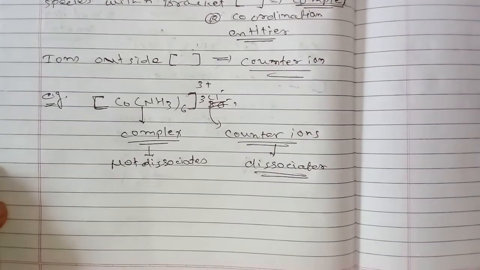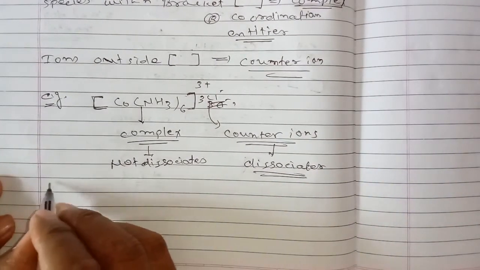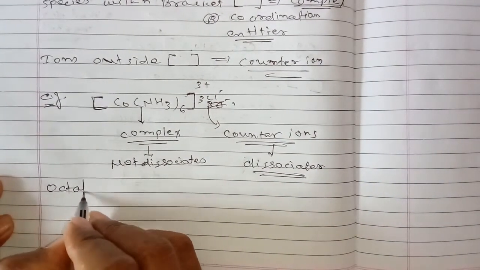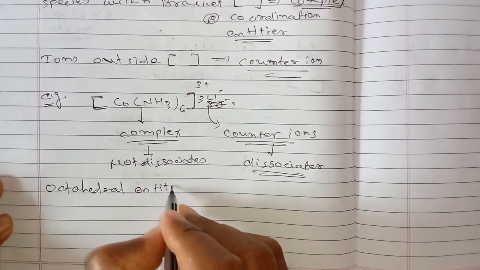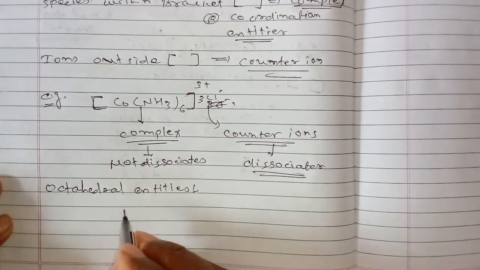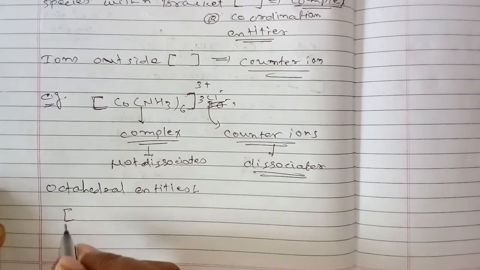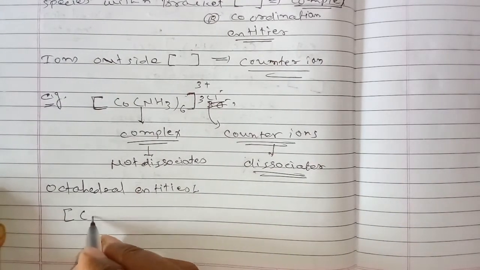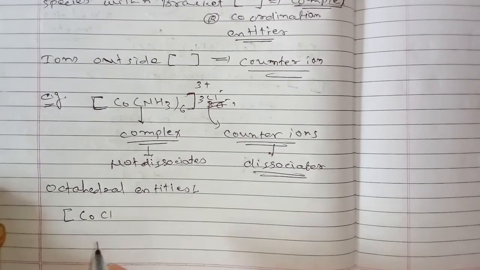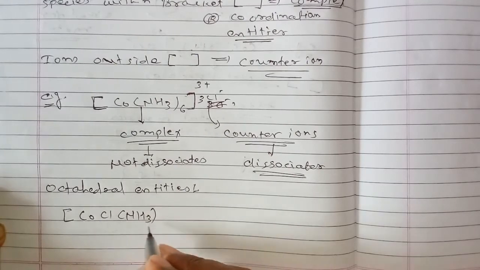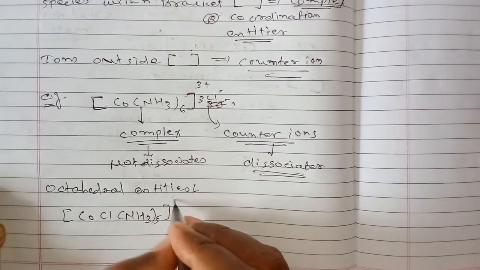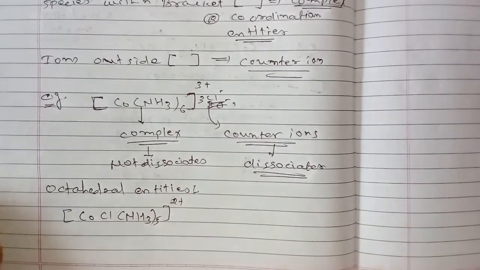Here are some octahedral entities. In square bracket, cobalt, Cl, NH3 5 times, and its charge is plus 2.